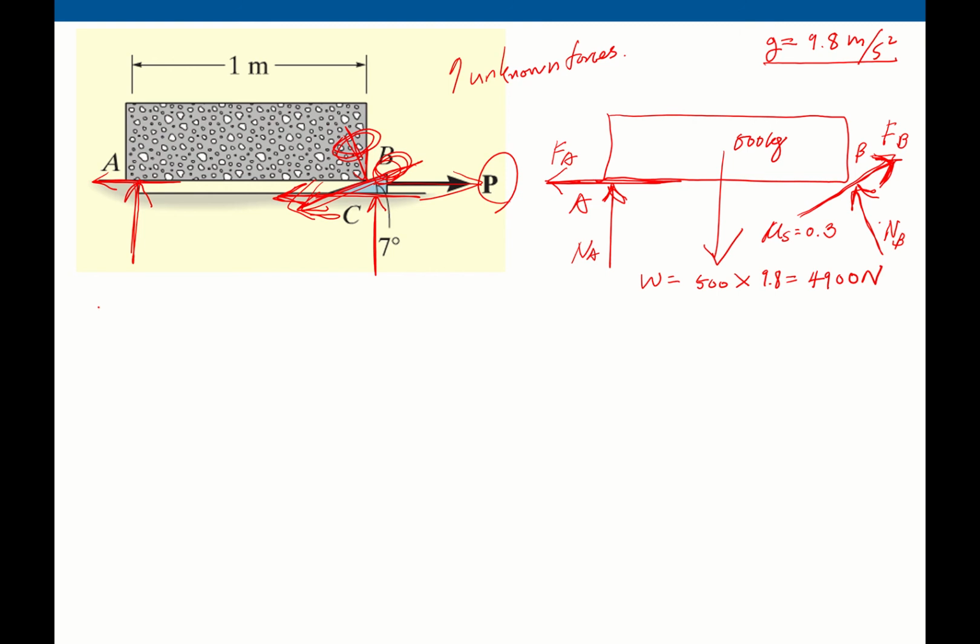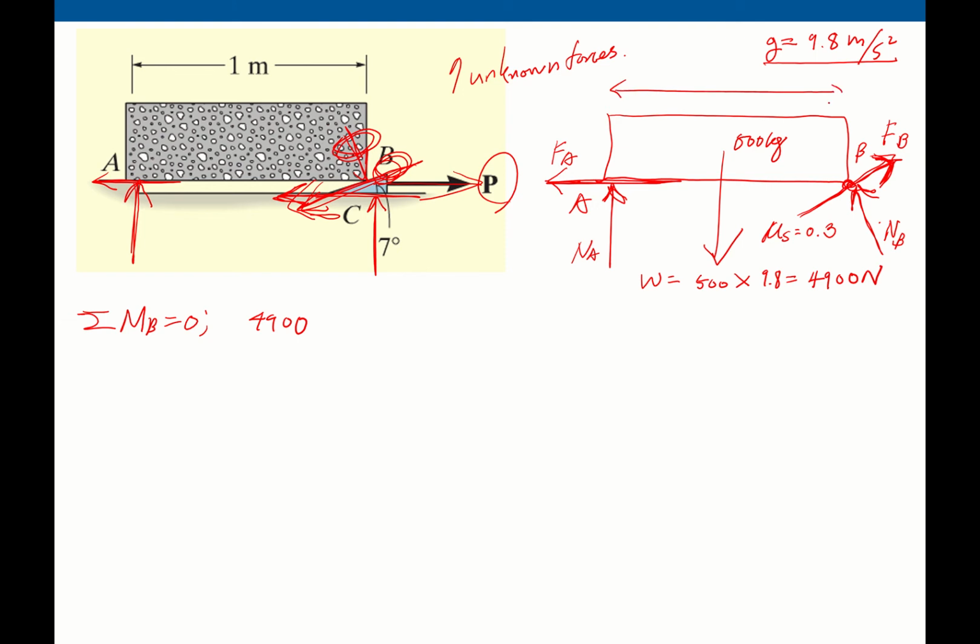If we calculate the moment at point B, it should be equal to 0, because this stone is stationary, so we can apply the moment equation. Sigma moment at point B equals 0. What forces create the moment? This is 4,900 Newtons, which creates counterclockwise rotation about point B, so the sign is positive.